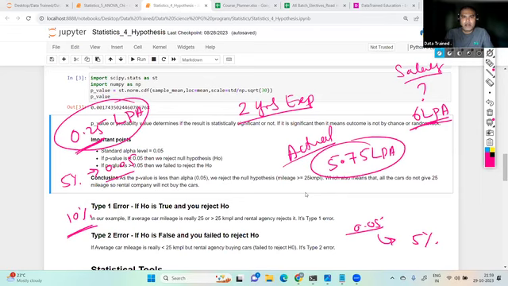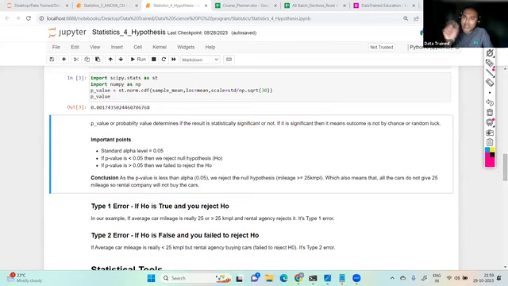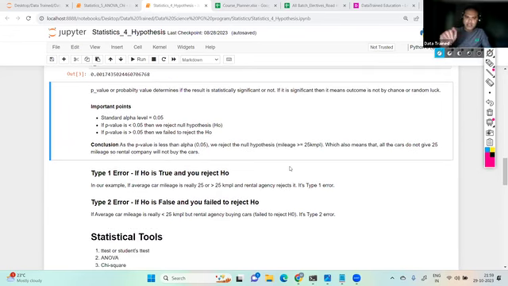Okay, good. So even with that 5% alpha, you are not able to get the correct value. That's why we are rejecting the null hypothesis.